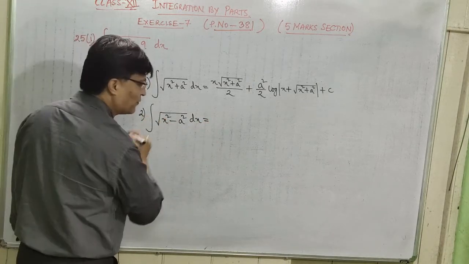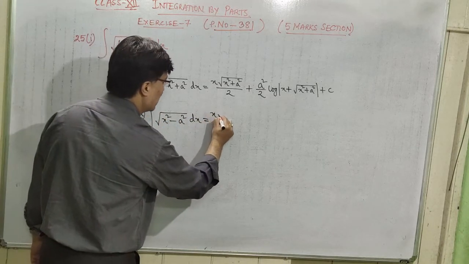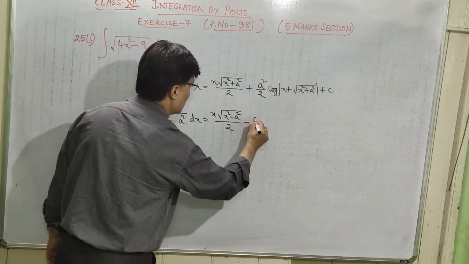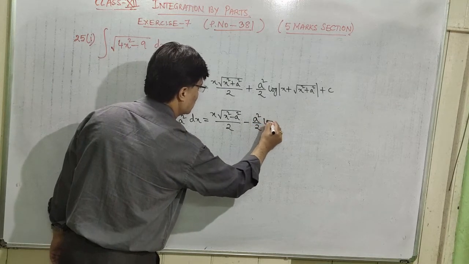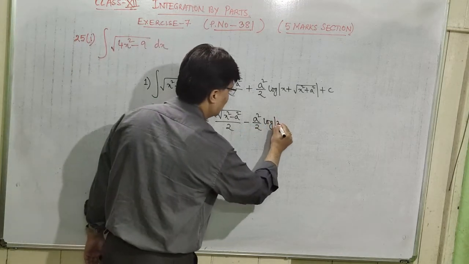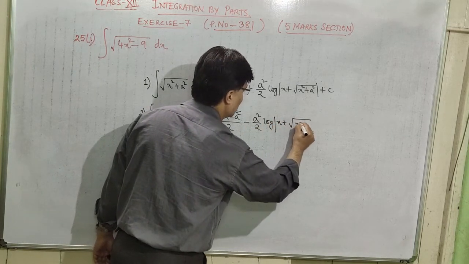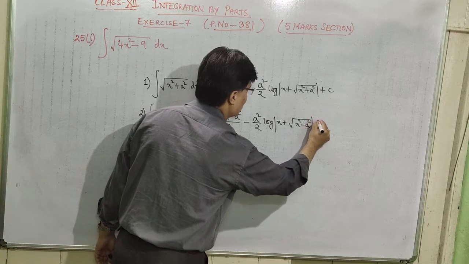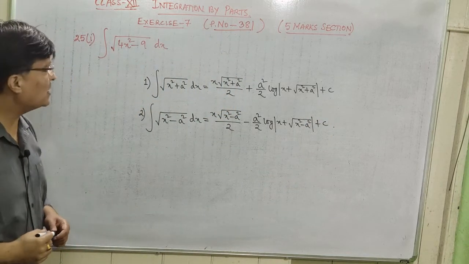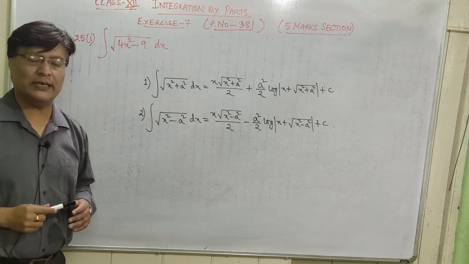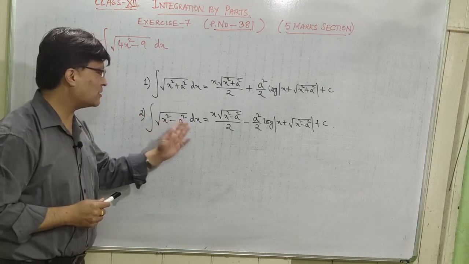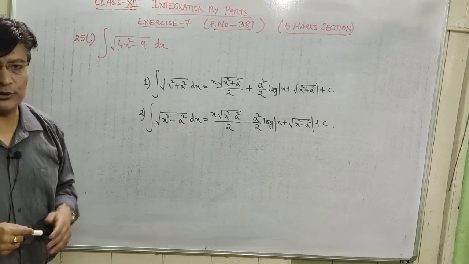The formula for this integration is x root over x square minus a square by 2, minus a square by 2 log mod of x plus root over x square minus a square, plus c. So this is the second standard integral in integration by parts, so you should know it.